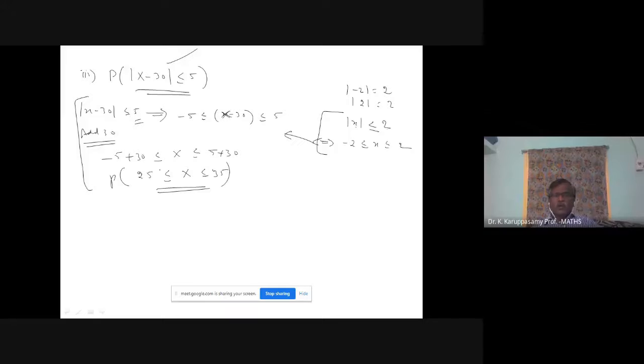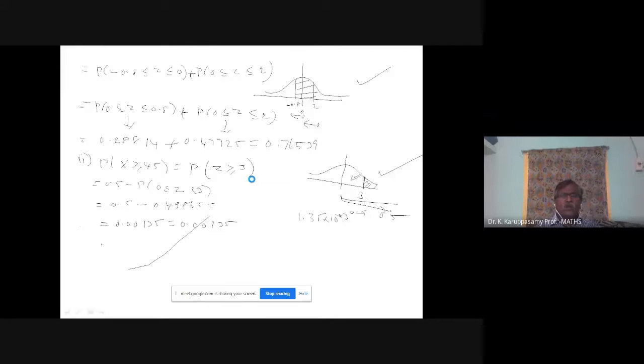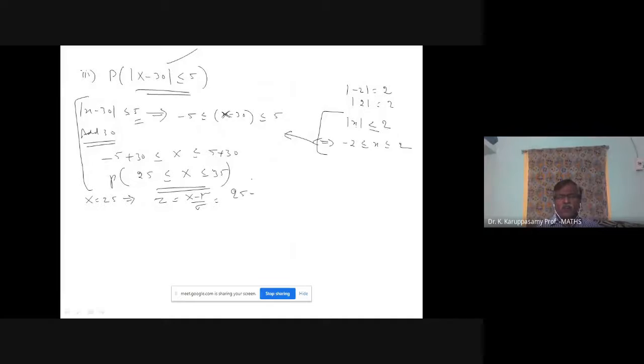Now x equal to 25 will imply z equal to, this is an old problem, 25 minus mu value. Mu value is 30, sigma is 5. So z value is minus 1.